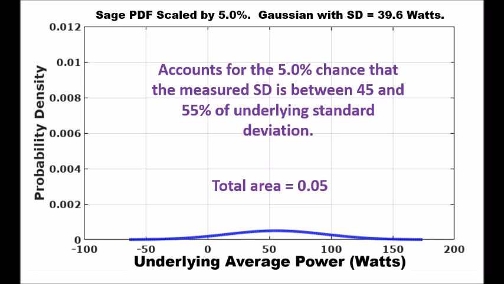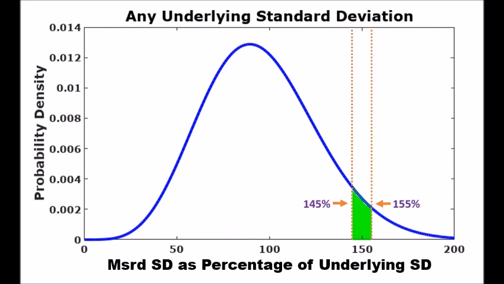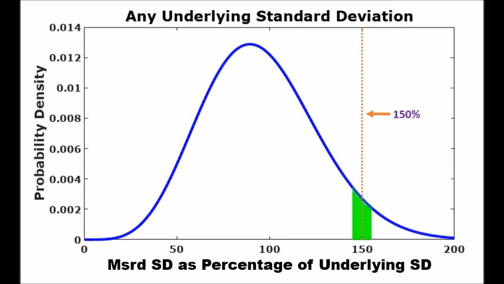Okay, let's consider the 145 to 155% range of our standard deviations next. If our measured standard deviation is in this range, then we have overestimated the underlying standard deviation. We'll approximate everything in this range as if it's at the 150% standard deviation level.